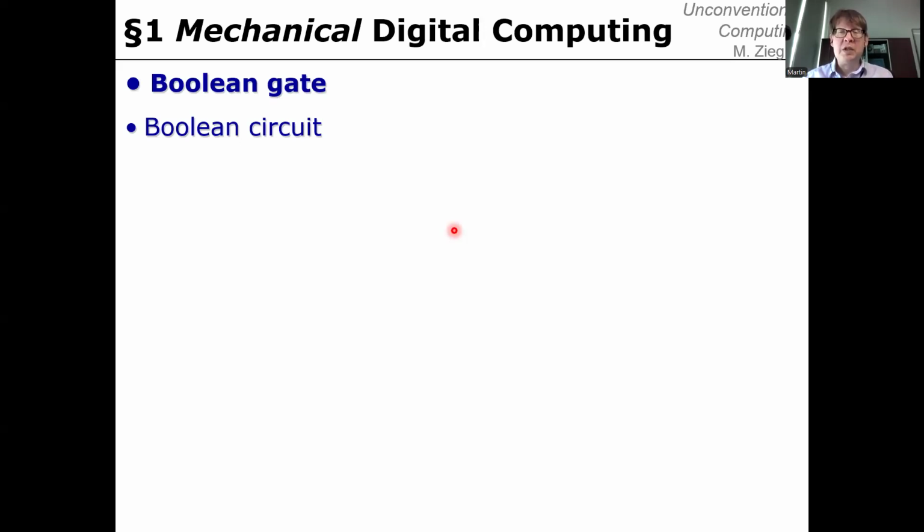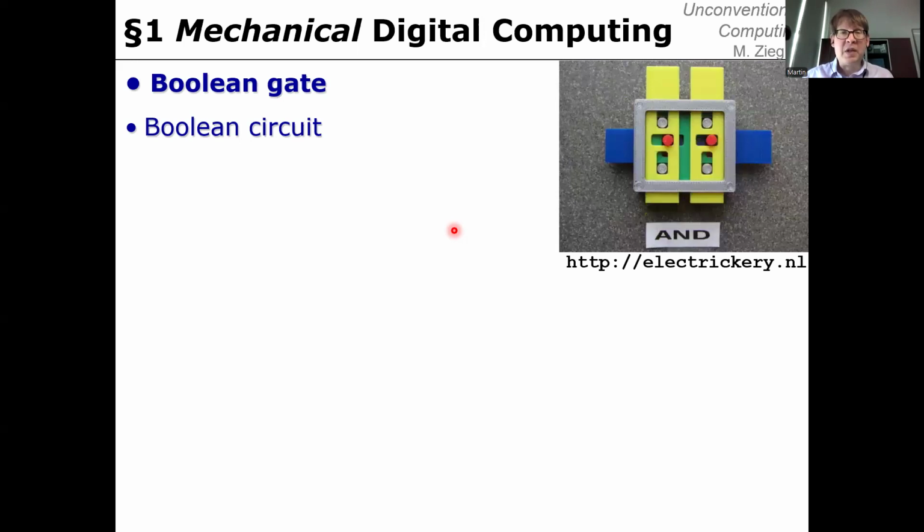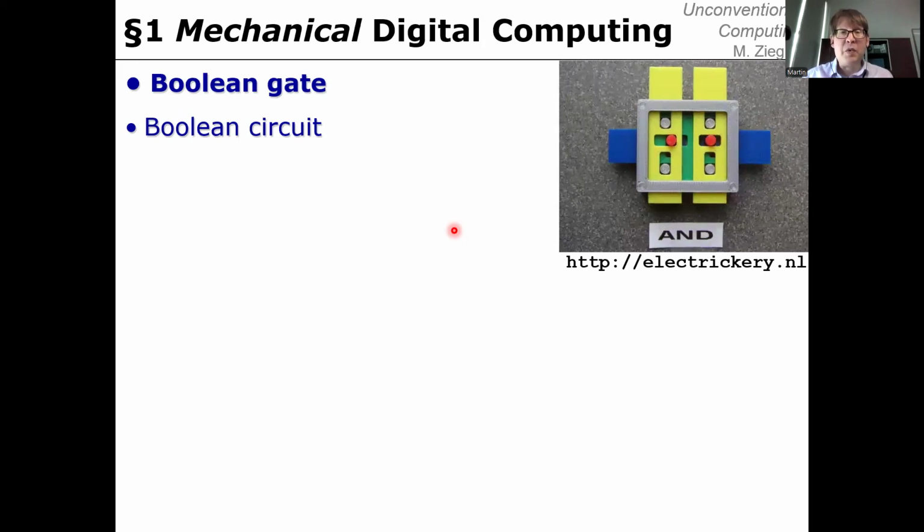Traditionally, this is considered to be electronic computing, but historically it started with mechanical computing and then moved to electromechanical computing and to electric computing. And one nice way of recalling mechanical computing, we saw this reproduction of the gates that Konrad Zuse used in his Z1 computer.